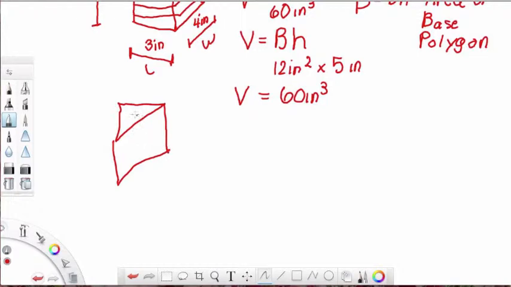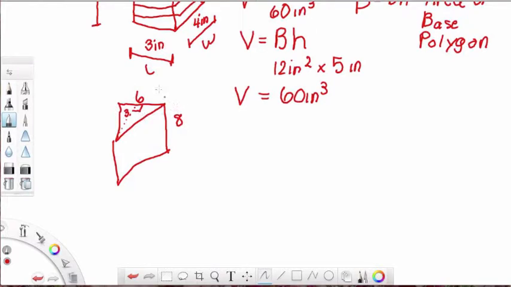And we're going to say that it has the height of 3. It has the base of, let's say, 6, and it has the height of 8.